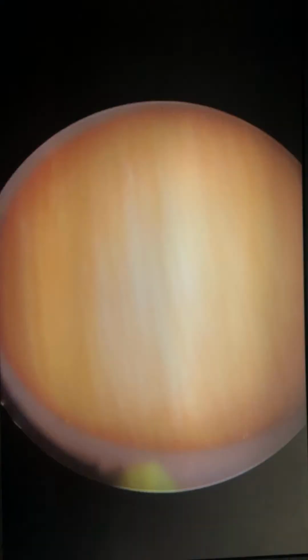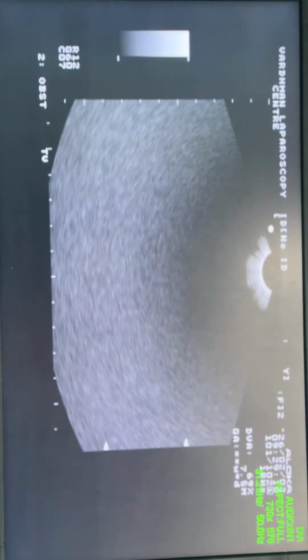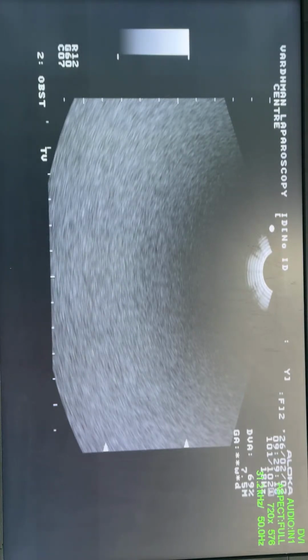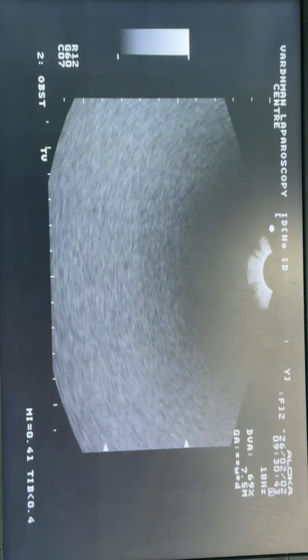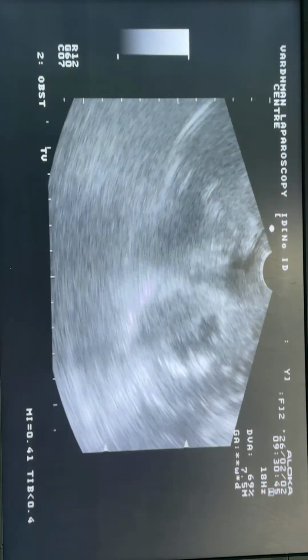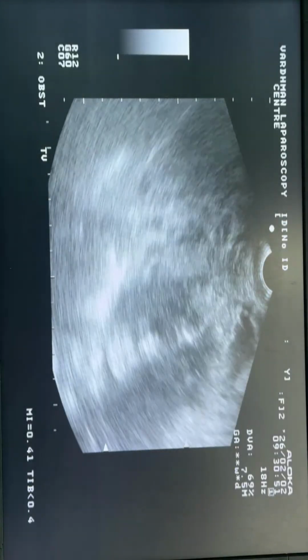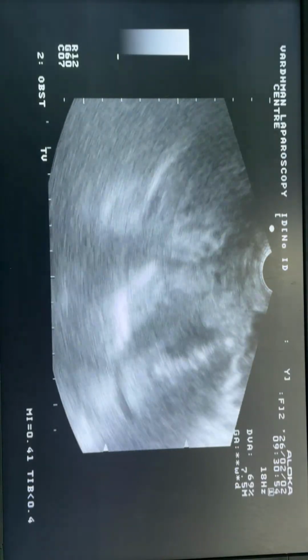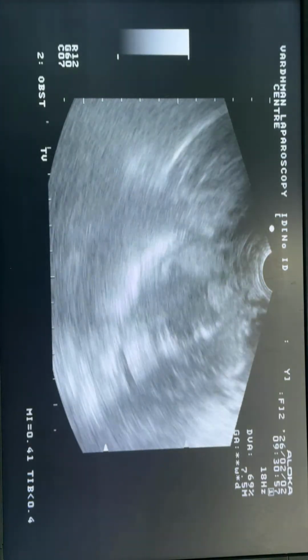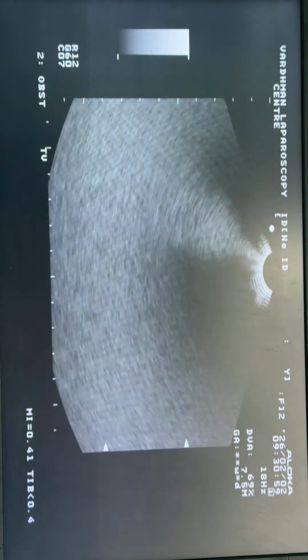We can do the scan. We see most of it is fluid inside the cavity, but at the end we still see a lot of chorionic tissue. Okay, so we will go back to the hysteroscope.